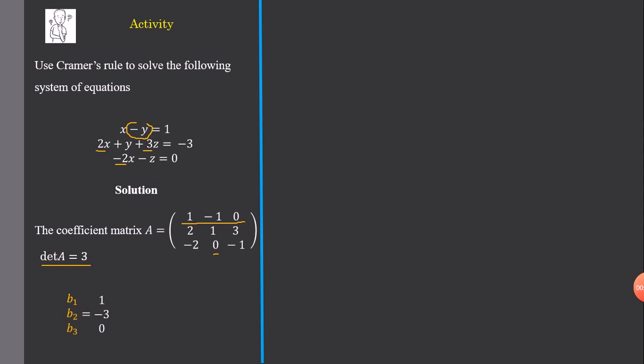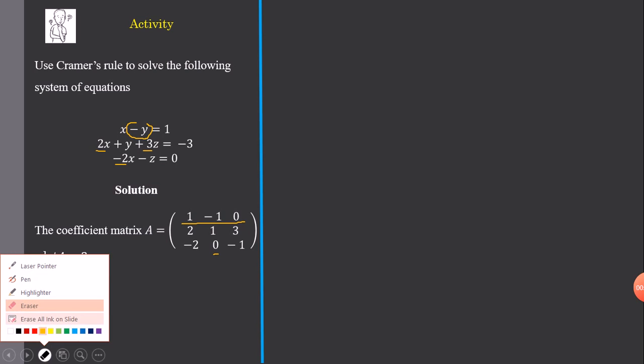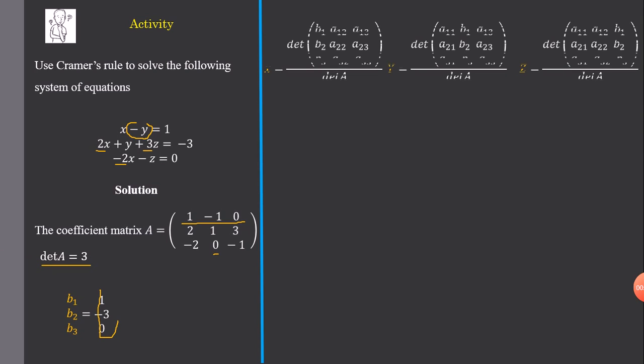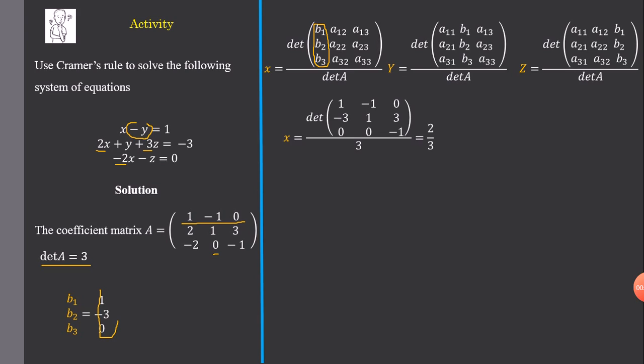For the value of x, where we have the first column, we replace by these entries. In y we replace the second column by that, and in z the third column by that, and we have the determinant of each.